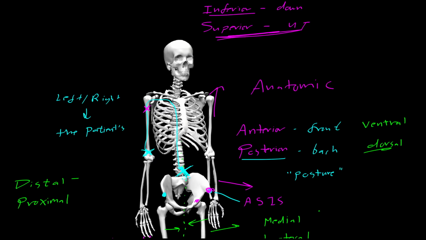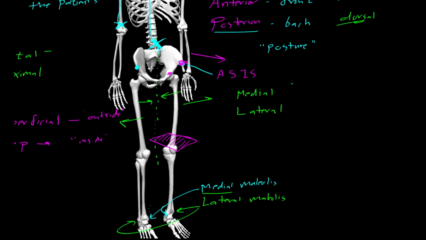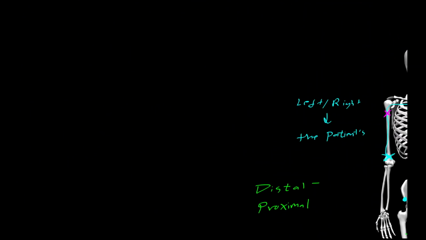Now, there's one more pair of words that you might encounter, and that is greater and lesser. And unlike everything we've talked about, these are more vague.